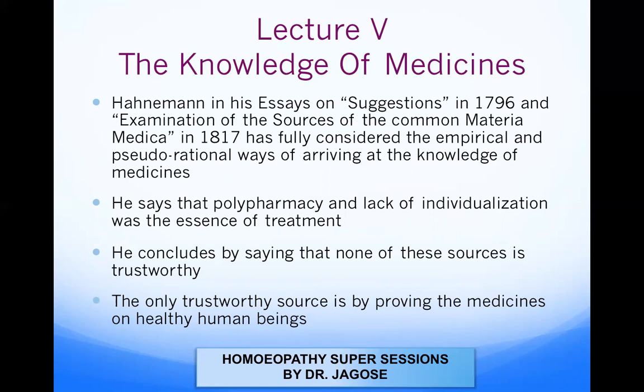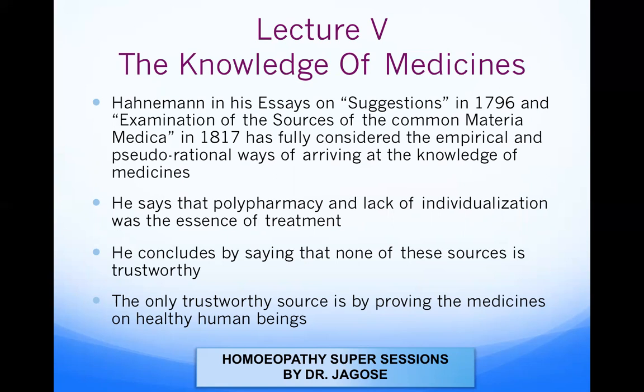So, in these two articles, you can see that Dr. Hahnemann has mentioned the empirical method as well as the pseudo-rational ways of arriving at the knowledge of medicines. He further says that polypharmacy and lack of individualization was the essence of treatment.